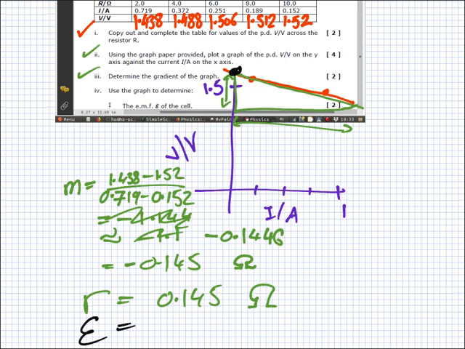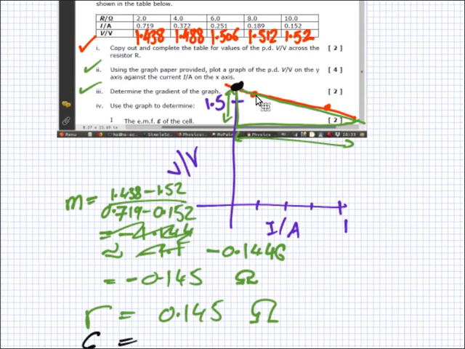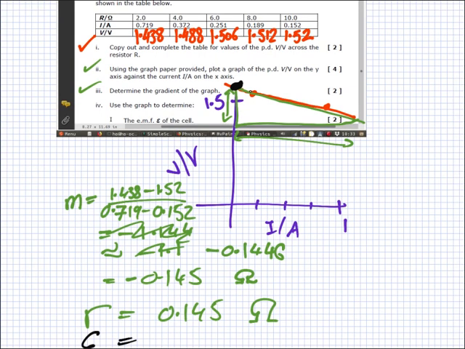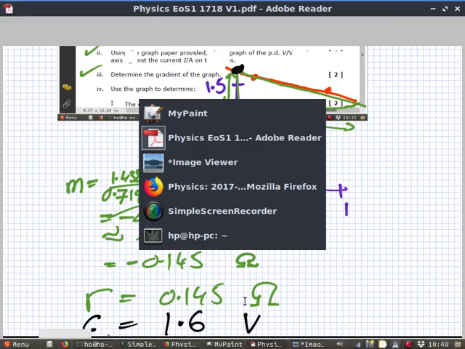Now, this is where you need graph paper. I would say it's maybe about 1.6. I'm just going to write 1.6 down. Obviously use graph paper in the exam. Do it properly.